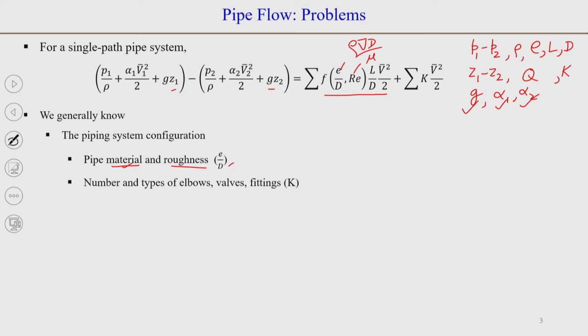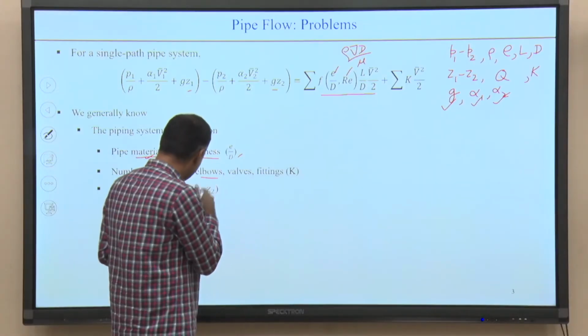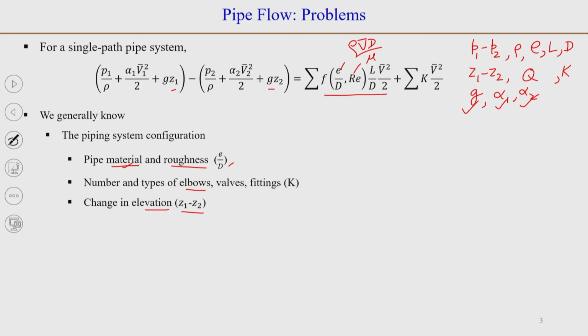You will also know in the piping system how many different fittings, valves, elbows, etc. you have, how many bends you have. Then for a given piping system, you will know the change in elevation. So, you will know either Z1 or Z2, or in general the difference between the two, because you will take one of them as a reference. So, say Z1 is 0 and Z2 is some value. Okay.